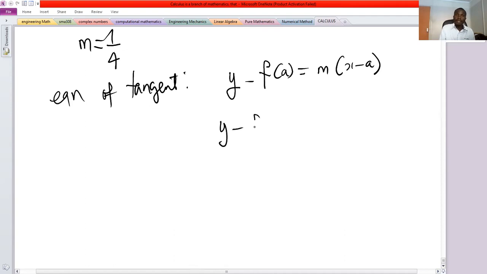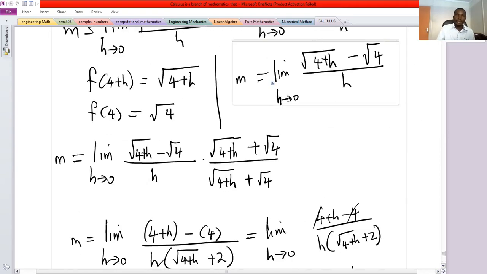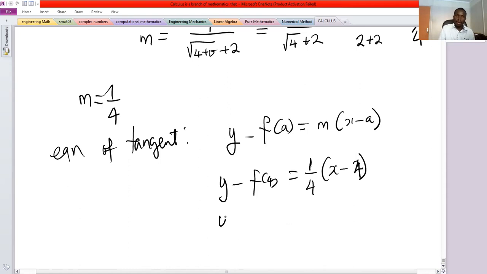So y minus f of 4 equals m, which is a quarter, x minus 4. F of 4 from our calculation is square root of 4, which is just the same as 2. So we have y minus 2 equals 1 over 4 into x minus 4.